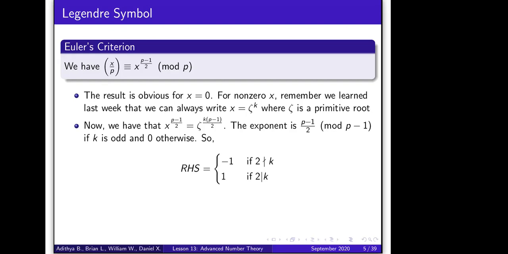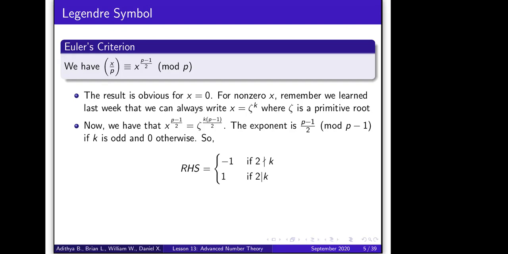Okay, so I'll repeat the last bullet. Remember, we're letting k be the unique number less than p minus 1 such that x is equal to zeta to the k. So the right-hand side of our expression is zeta to the k times (p minus 1) over 2, since we're just raising x to the (p minus 1) over 2.